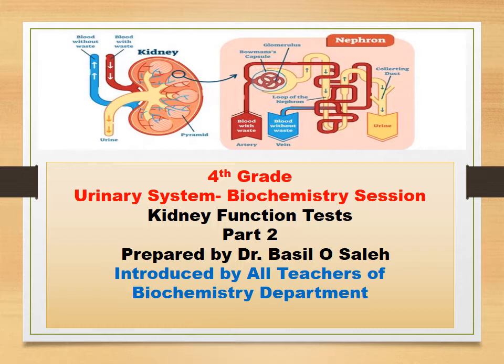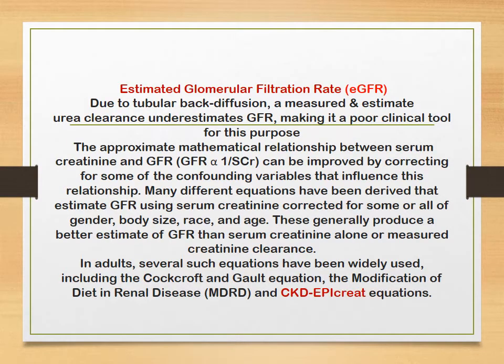أبنائنا طلبة المرحلة الرابعة. We will continue in the second part of the lecture of biochemistry. Estimated glomerular filtration rate, as mentioned in part 1, there is measured GFR that is inaccurate due to several factors.